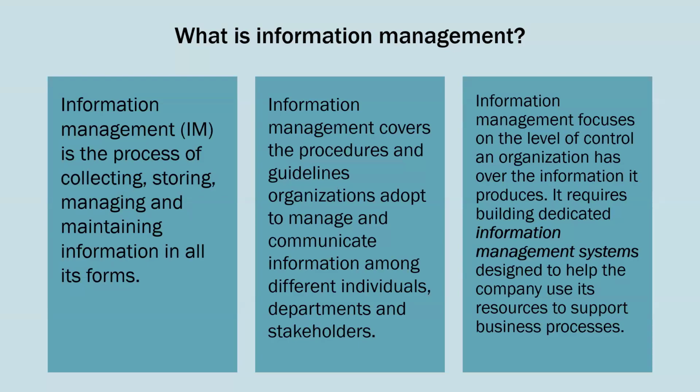So it covers procedures and guidelines that organizations or companies adopt, either to manage or to communicate information among different individuals, departments, or stakeholders, right? So this information management now works in systems that are designed to help the company use its resources to support business processes.